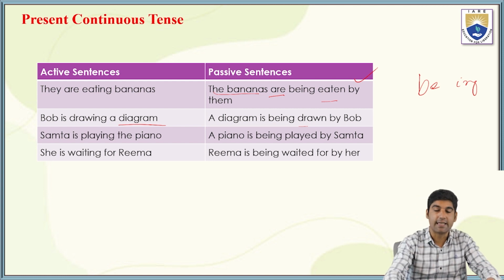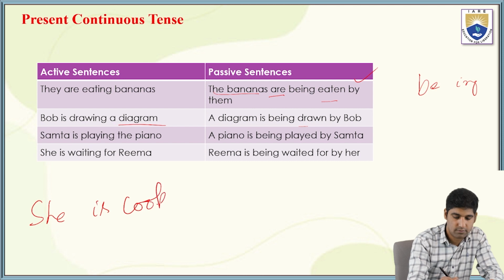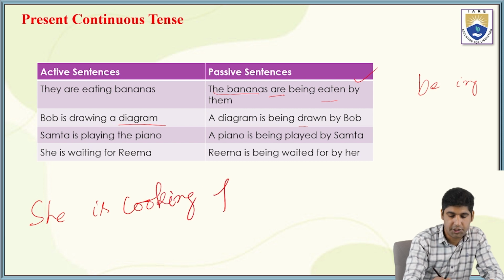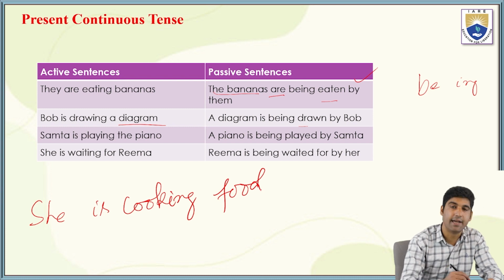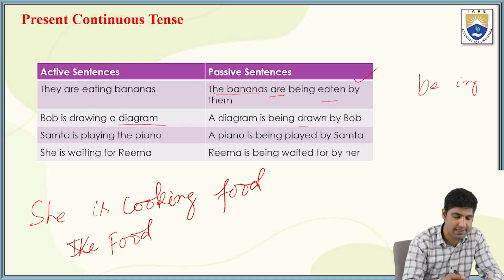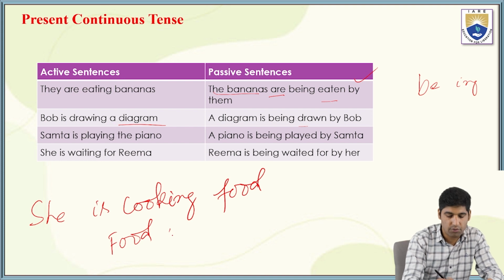Now we have another sentence I'll write. She is cooking food. I'll change the sentence into passive. Food, or the food, or I can simply say food. It's present tense, so food is, singular is.